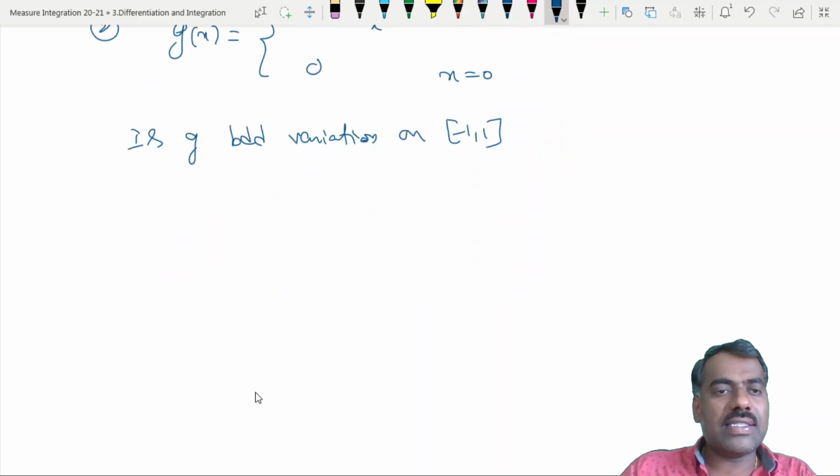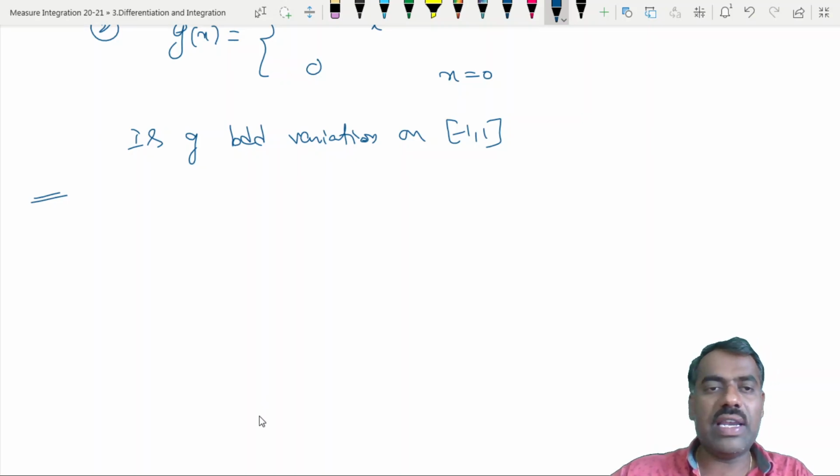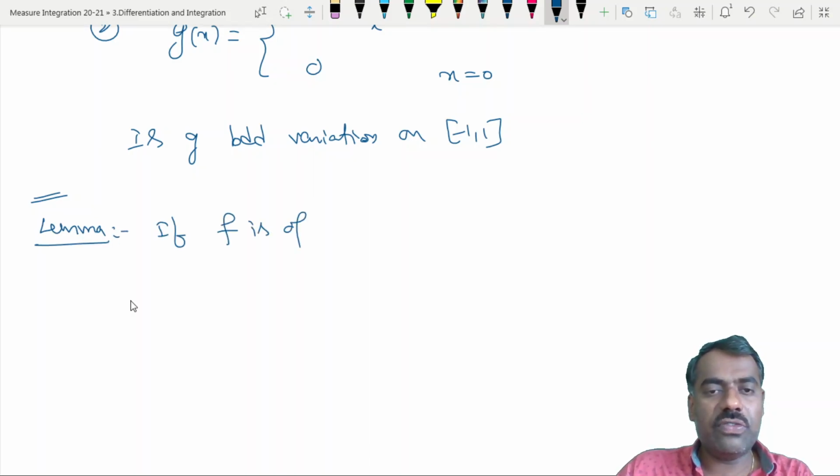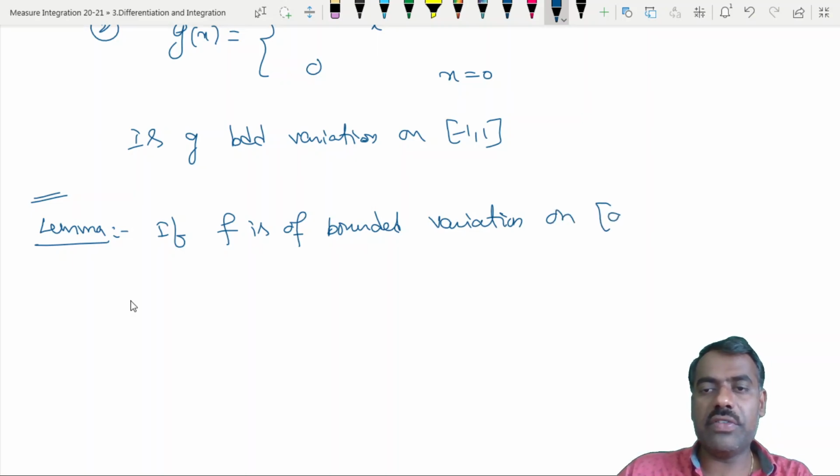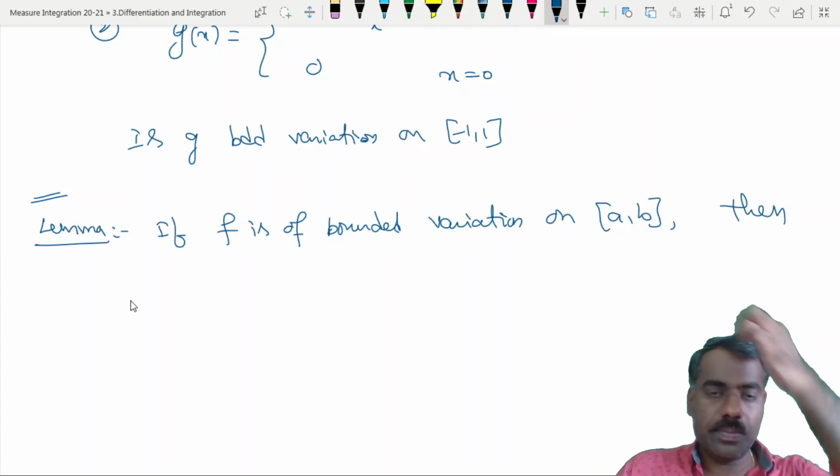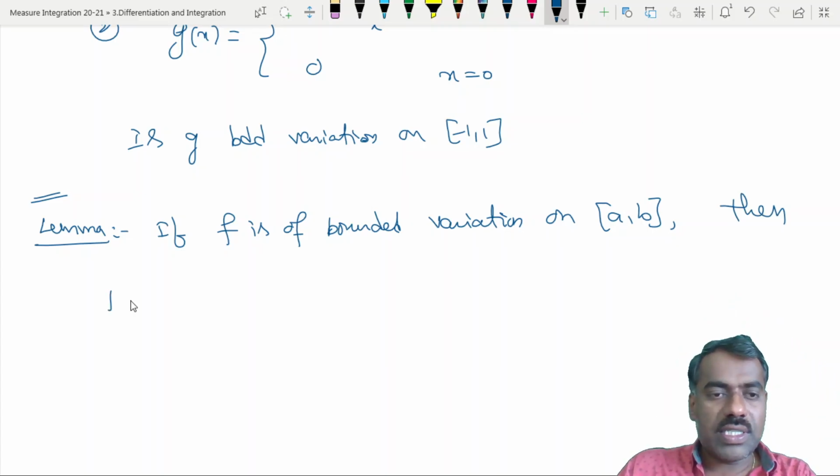Now we go to some of the results, along with several examples. We'll see some properties of bounded variation. The first lemma is that if f is of bounded variation on the interval a comma b, then the total variation T_a^b is nothing but P_a^b plus N_a^b.